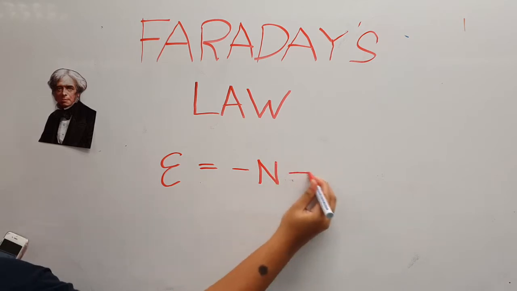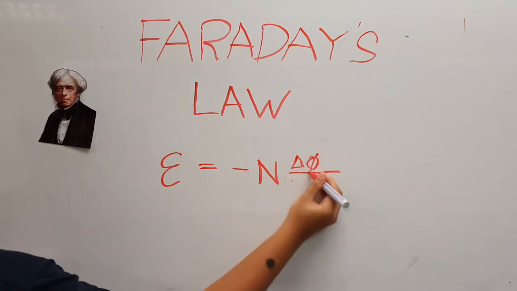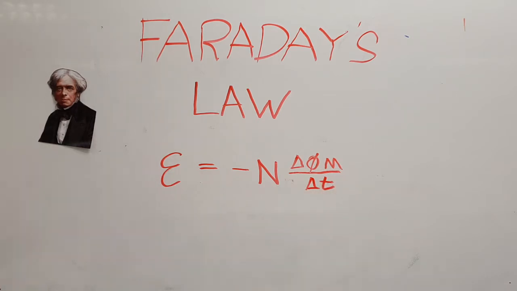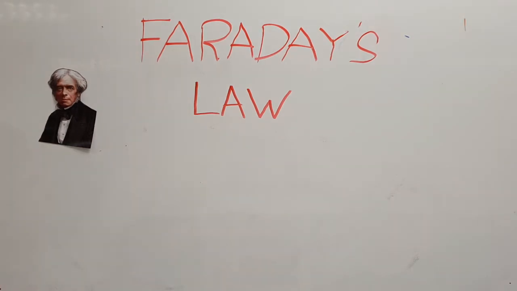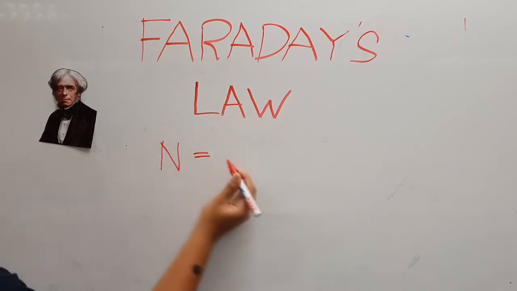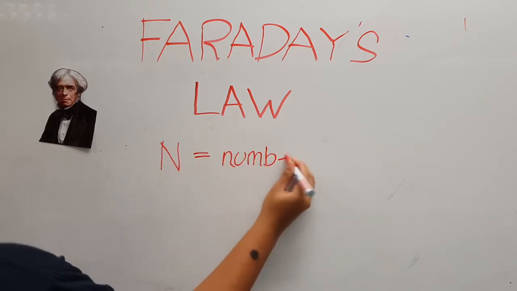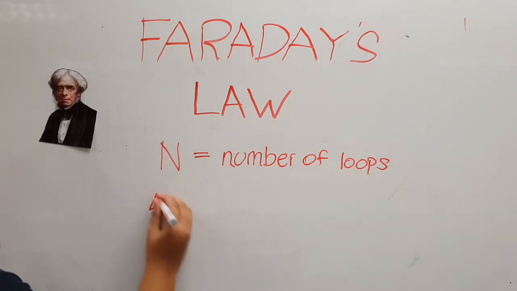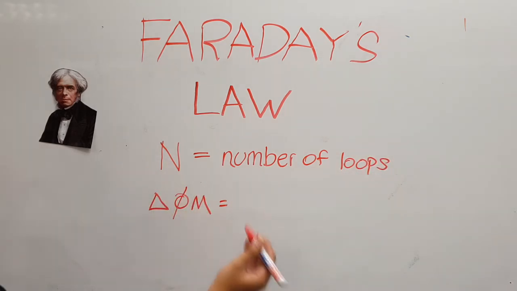It is denoted by a formula which is EMF equals negative N change in flux over change in time. The N represents the number of loops. The negative sign there is basically to denote Lenz's law, which is just to prove direction.